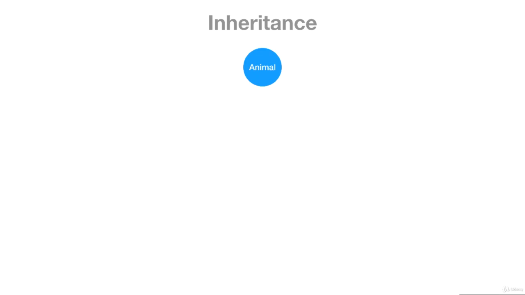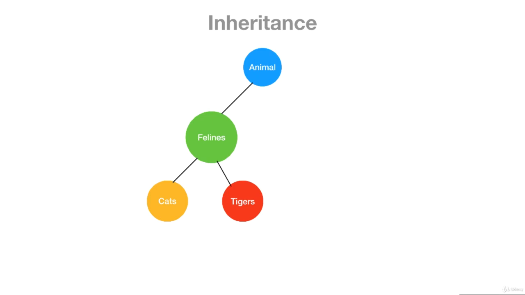And so what we can do when we want to create another type of animal or a group of animals, in this case felines, is inherit, because all felines are animals. But felines are a group of animals with some extra specific features or attributes. And then inside of these felines, we can be more specific and create, for instance, cats or also tigers.